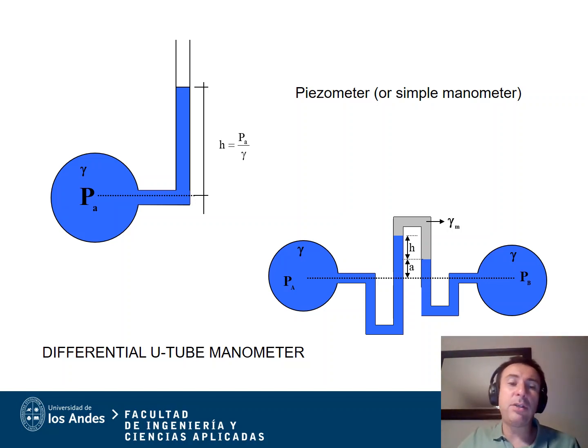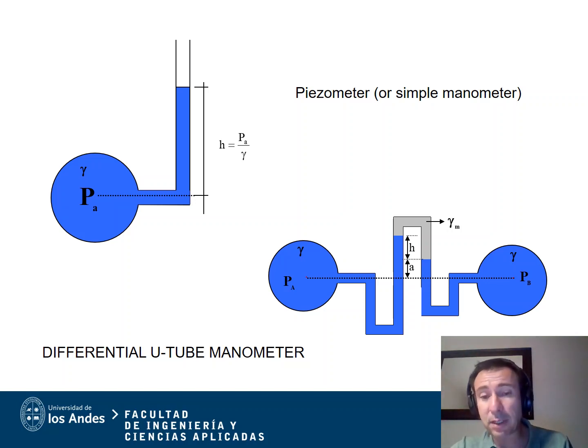A differential U-tube manometer is one where you have pressure at point A and pressure at point B, and you have different heights, and you have 2 or 3 or more fluids. It could be mercury plus water plus oil, and they change in height, and you can compute the pressure, for example, at B, if you know the pressure at A and the differences in height in the different columns.